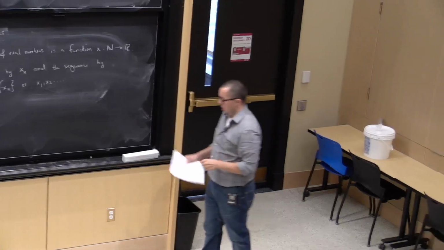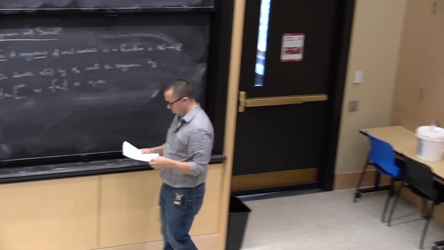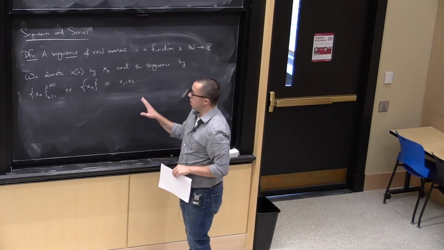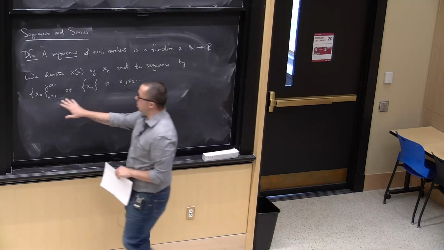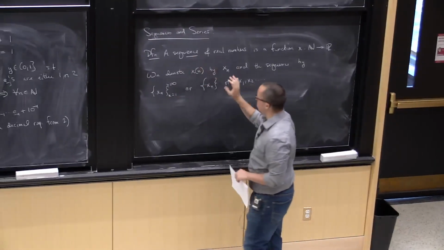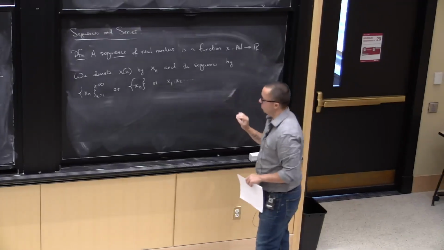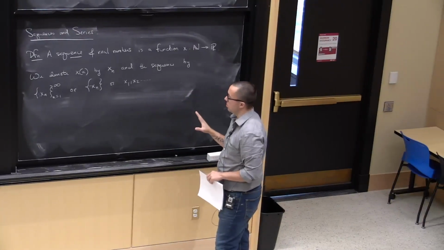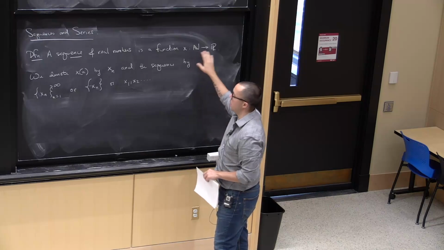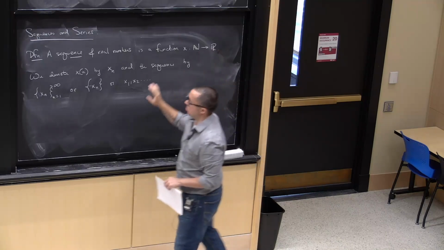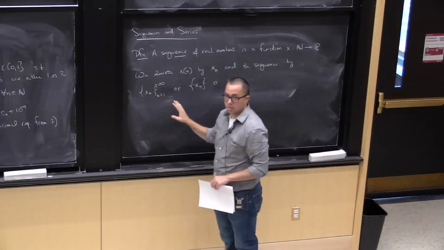All right. So let me quickly say that again, a sequence, unambiguously defined, is a function from the natural numbers to the reals. So don't confuse this with a set. Okay?